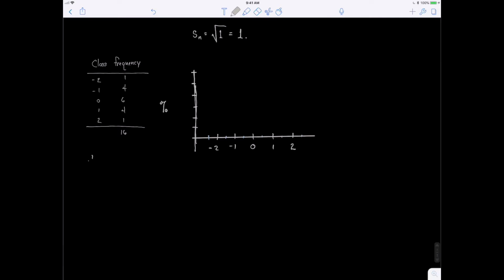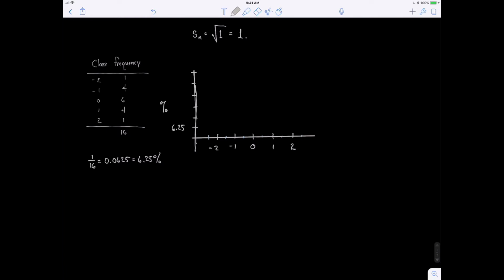Notice that if I have 1/16, if I put that in my calculator, that's 0.0625, or you could think of that as 6.25%. So this first one is 6.25%. That's why I already have the percent sign right there, so we won't write that again.